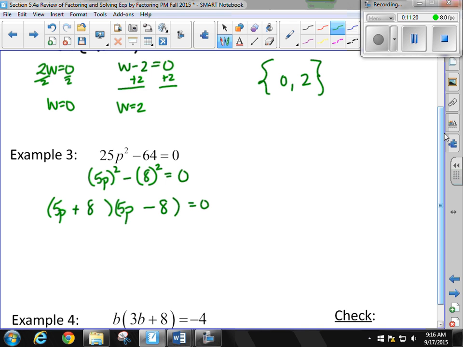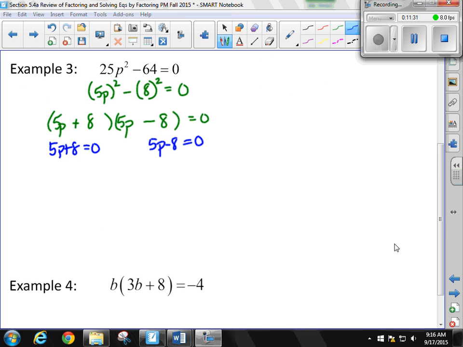Set each factor equal to 0. 5p + 8 = 0. 5p - 8 = 0. And solve each of those equations. So subtract 8 from each side. 5p = -8. And to get p by itself, I divide by 5.